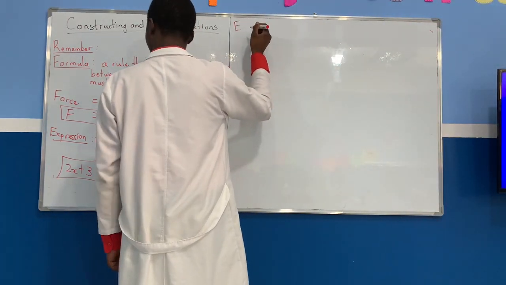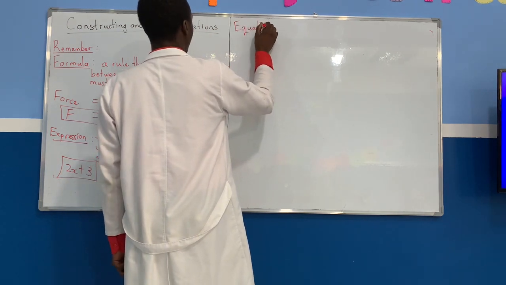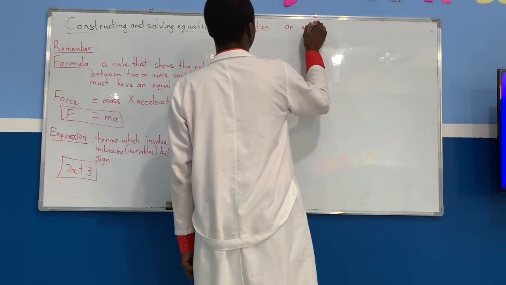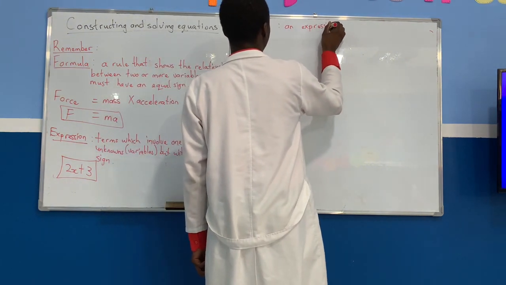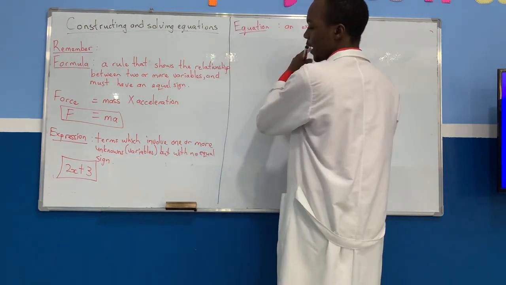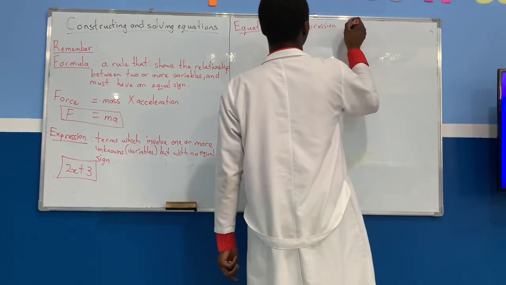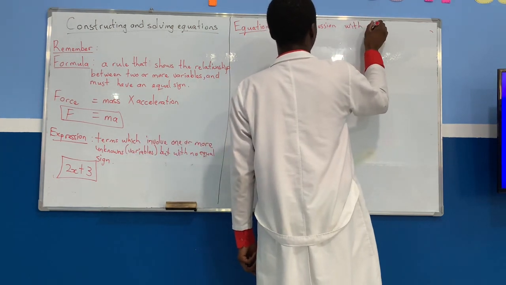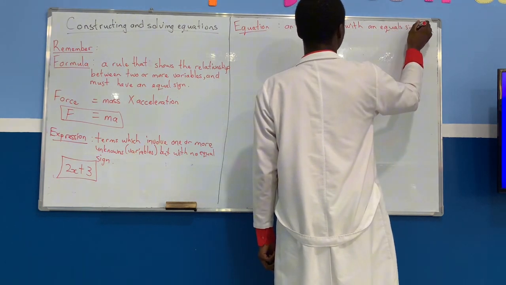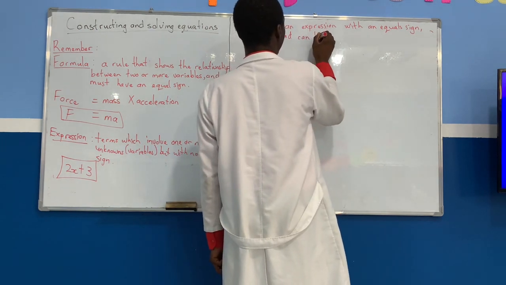When we talk about equations now, an equation is an expression that has two or more unknowns and also has an equal sign, but the major differentiating factor between an equation and a formula is that the equation can actually be solved to find the value of the unknown number.